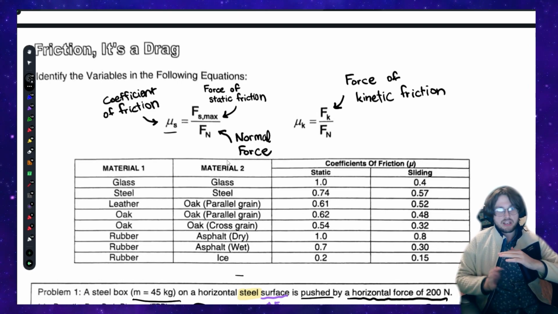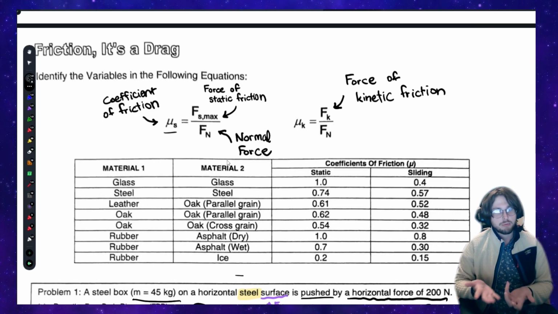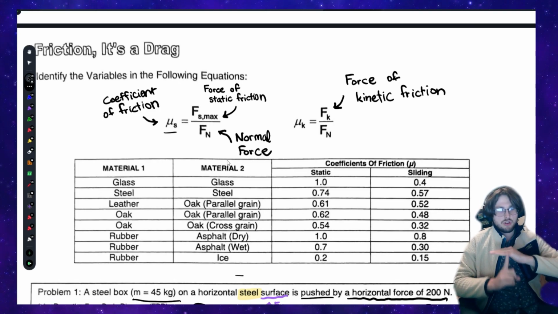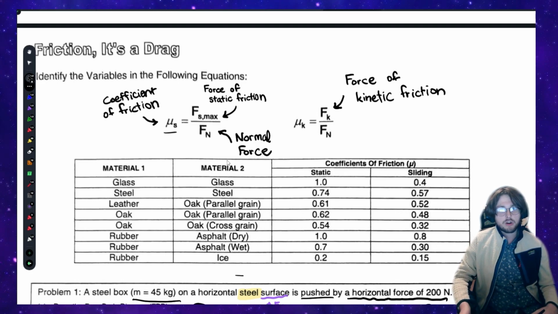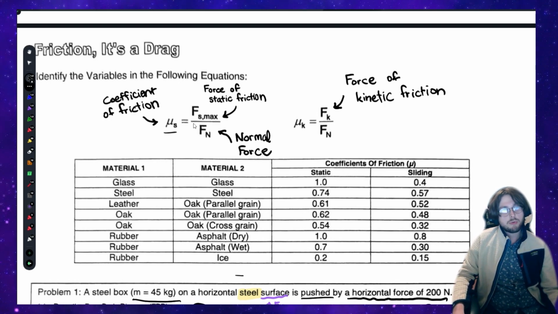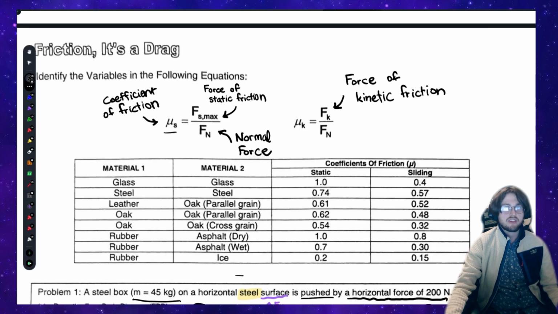If it's just the force from the table on an object, as you typically find in a physics problem, that's the normal force. Whatever the case, the normal force is a direct influence on friction if you were to rearrange this. With all that out of the way, I'm going to keep this equation in mind for later, and I'm going to jump over to the problem so that we can try this out for real.